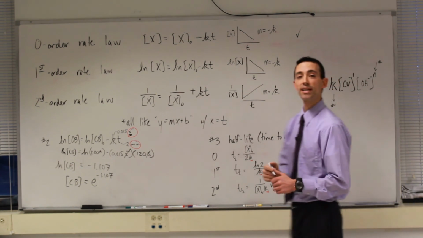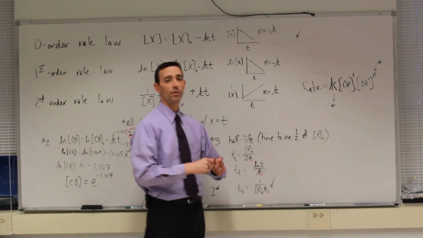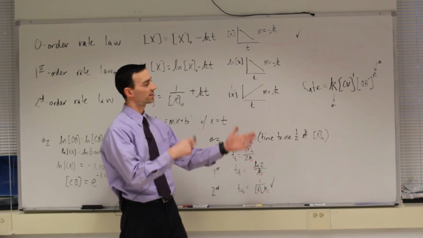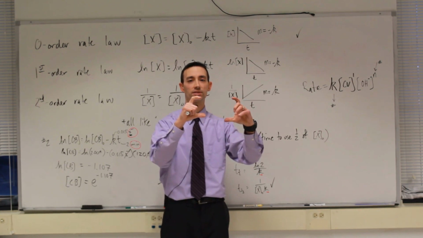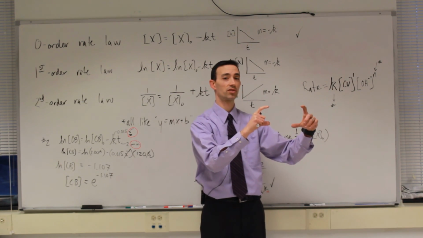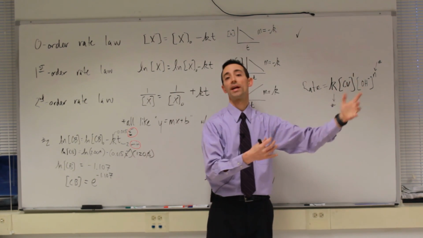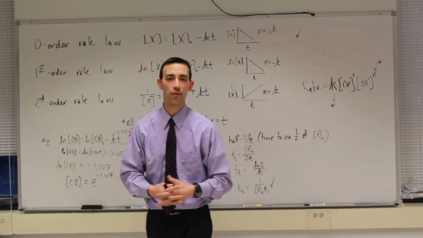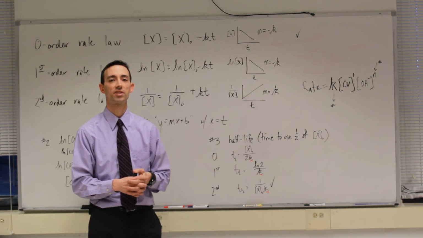Your rate law will be something like the rate equals 0.02. That's not the real rate constant, but 0.02 times crystal violet concentration raised to the first power times hydroxide ion concentration raised to whatever power you determine. That will be the final finished form of the rate law that you're after in this experiment.